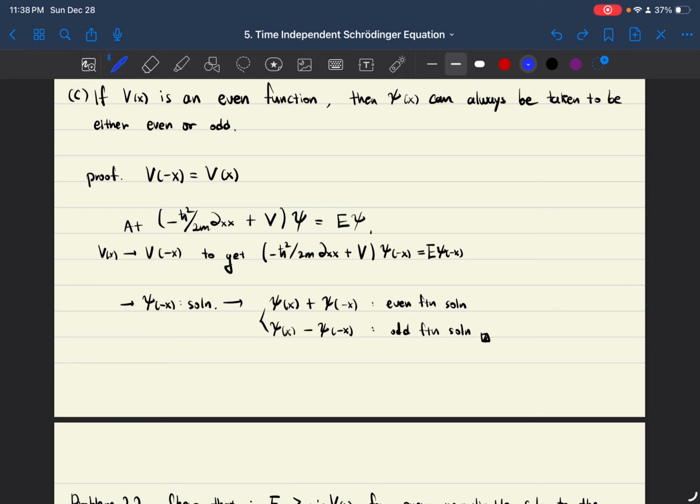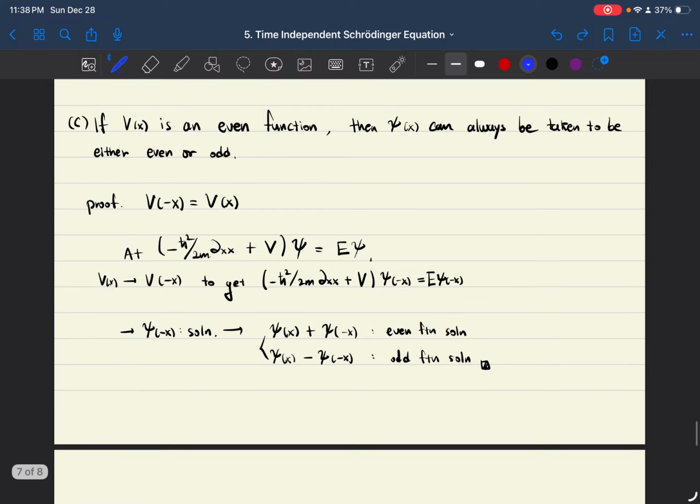As always, we take the sum and the difference, and they are also solutions. Here is an even function solution, and here is an odd function solution. So when V is given as an even function, psi can be taken to be either an even solution or an odd solution, of this form.